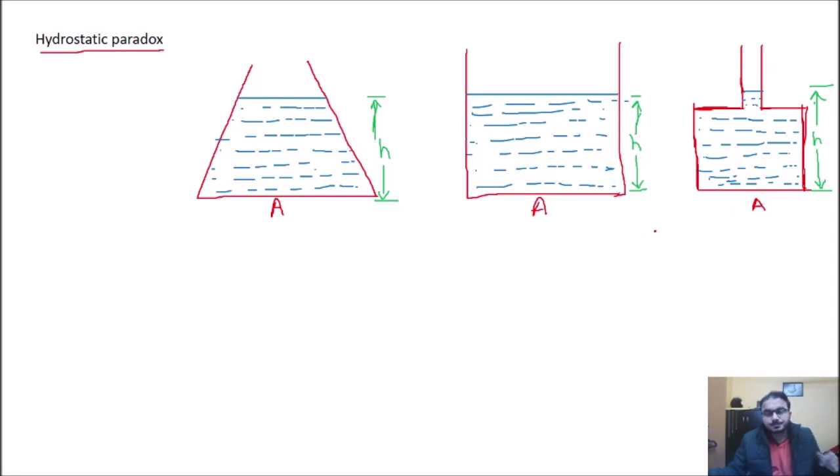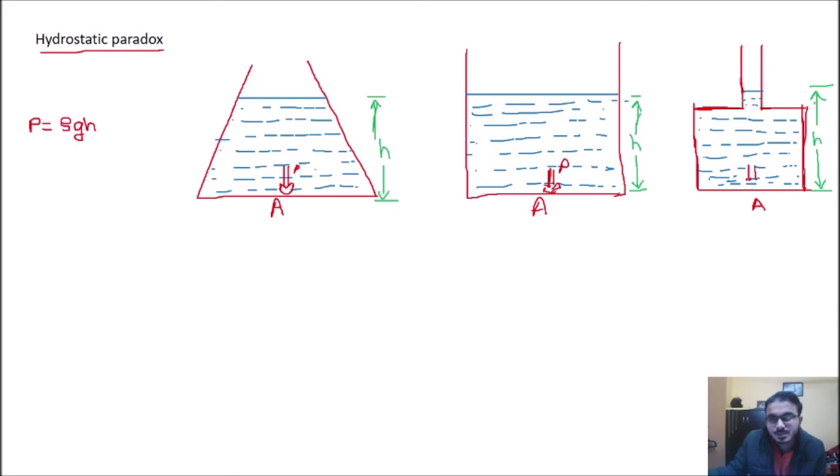So if we see, the formula for the hydrostatic law was P is equal to rho g h. So the pressure should depend only on height. So let's say the intensity of pressure over here, here, and here.